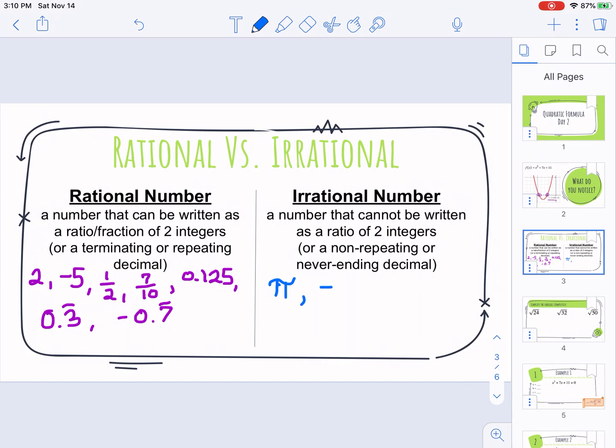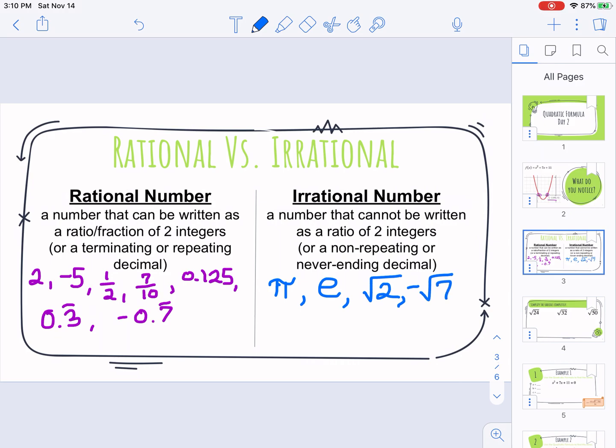Another example is the number e, and if you type that into your calculator, you'll see that it's a never-ending non-repeating decimal. Another example is square root of 2. Square root of 2 we cannot write as a fraction, and it's a never-ending, non-repeating decimal. There's no pattern to it. Or negative square root of 7, for example.